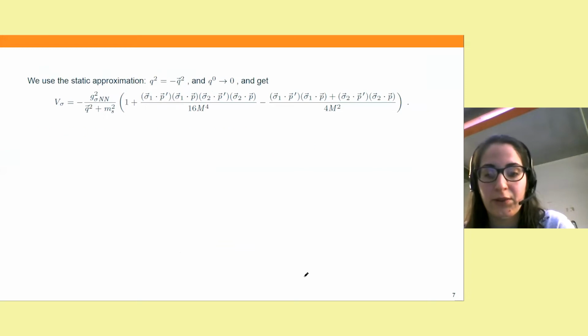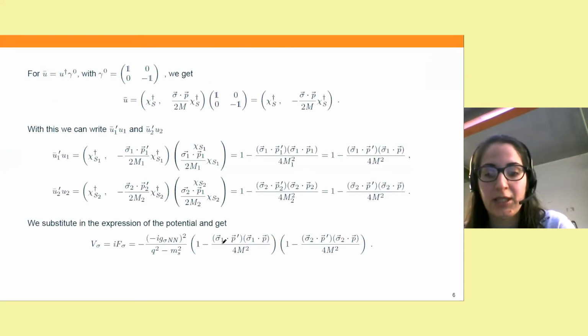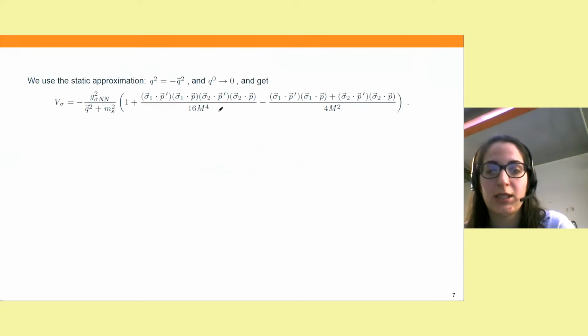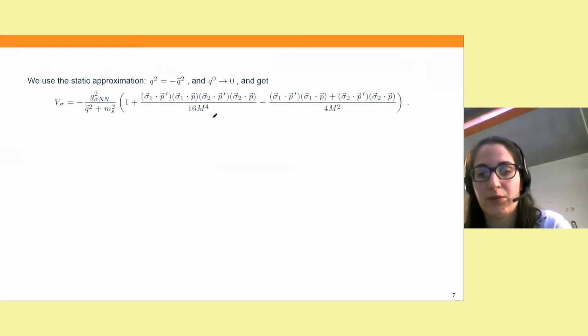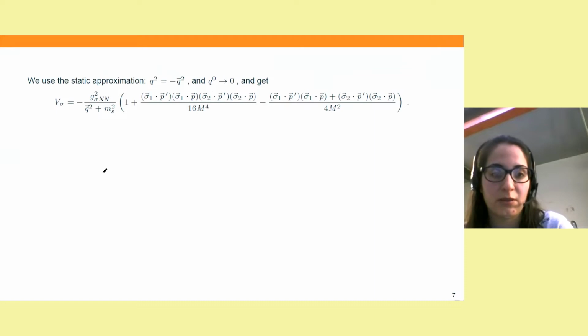Then we have this term multiplied by the one, but also this one multiplied by this, and also the cross one, and this gives this. Okay, we have this term with these four products of Pauli matrices and momentums divided by 16 times the mass to the 4, and we have this term here. So we need to compute all these things that appear here.